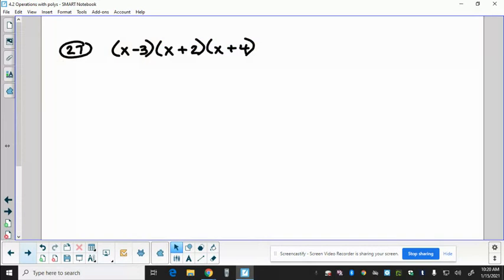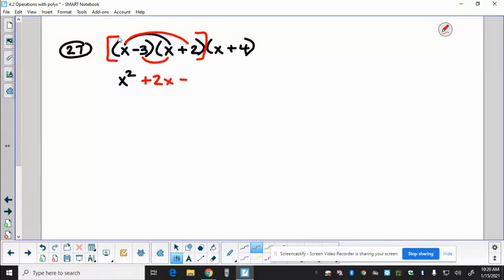So what I would do is I would multiply these two together first. X squared. 2x. Minus 3x. Minus 6.